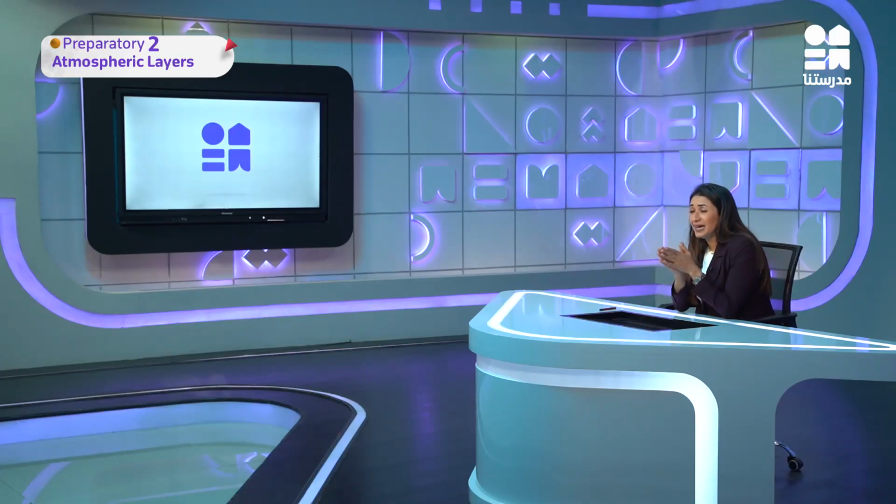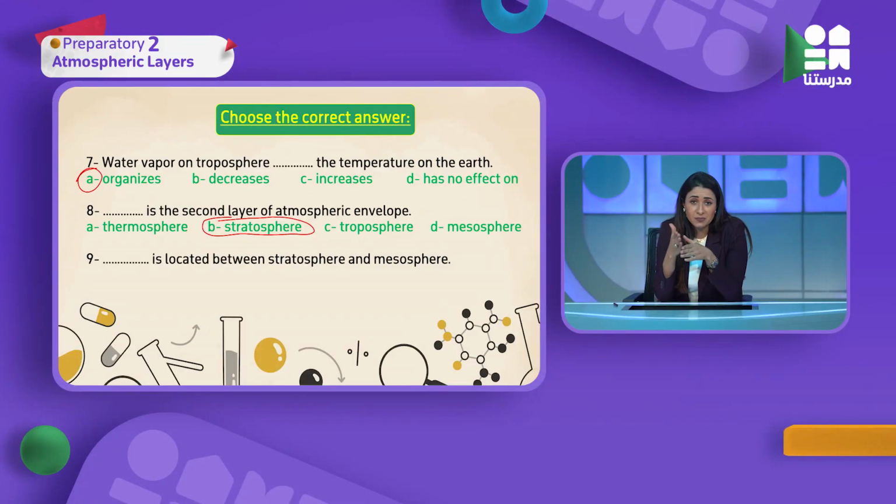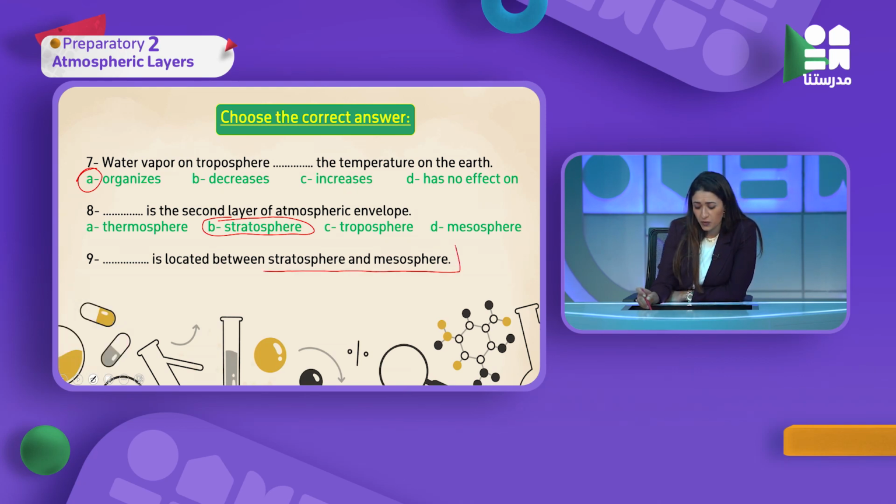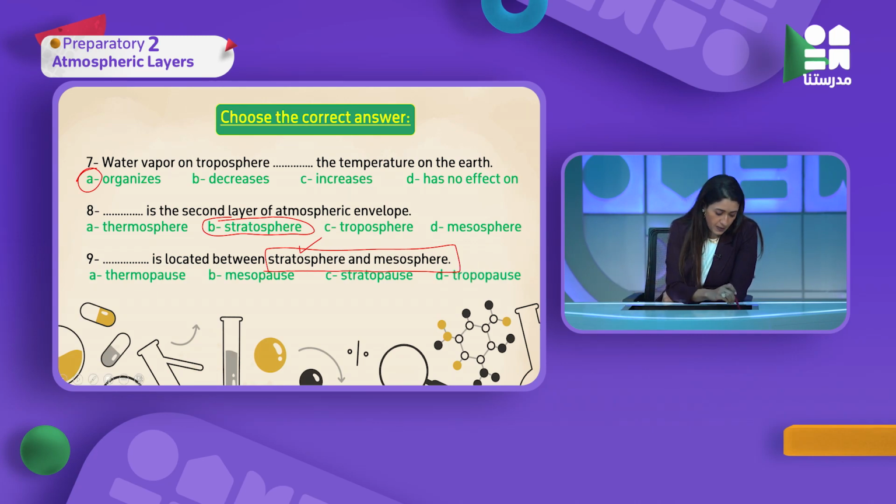Remember when we said that there are regions where the temperature is constant between each layer, and it takes the name of the first layer. If it says who is located between the stratosphere and the mesosphere, I say the name of the first layer, stratosphere, so I say stratopause. If I said troposphere and stratosphere, it would be tropopause. If I said mesosphere and thermosphere, it would be mesopause. Here I specify that I want the region between the stratosphere and the mesosphere, named after the first layer, so my choice will surely be stratopause.